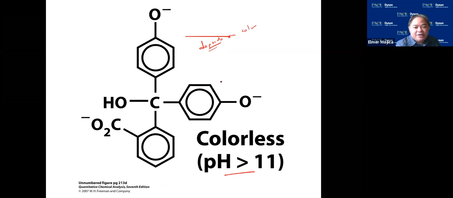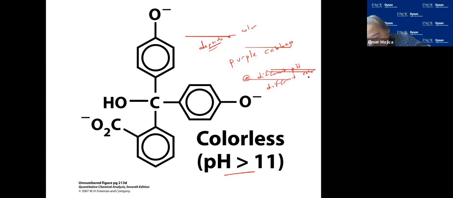I'm not sure if you have heard or read about when they use the so-called purple cabbage at different pH. What happened? They have different colors, because cabbage, being a plant or natural in nature, contains a lot of these so-called anthocyanins.